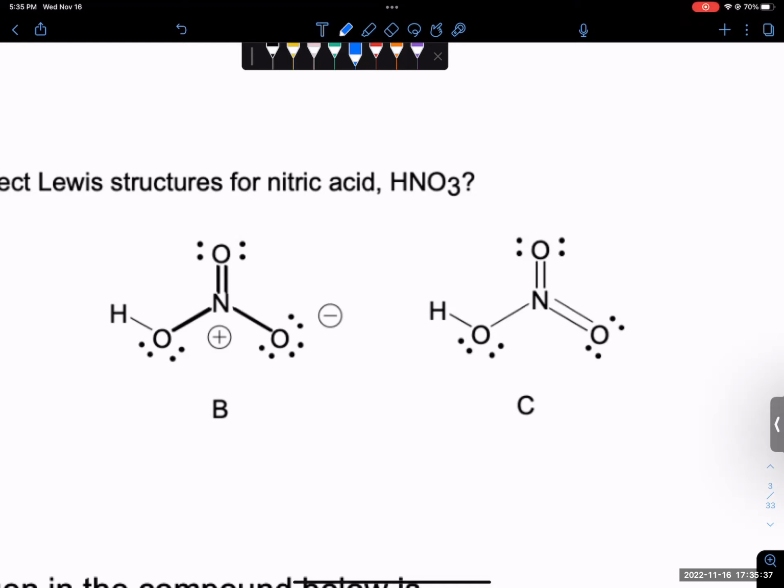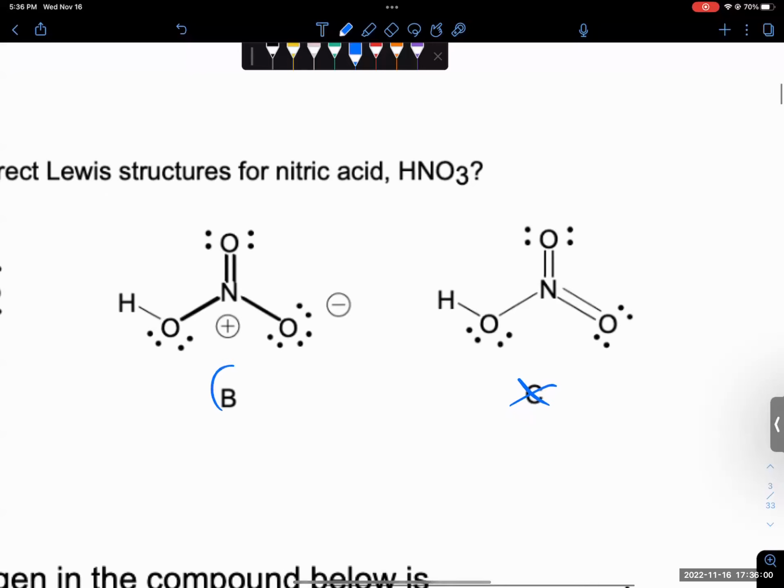Is that even possible for nitrogen to have 5 bonds? No. So C does not work, it's drowning in electrons. So C is also invalid. The only reasonable structure for nitrogen would be B.